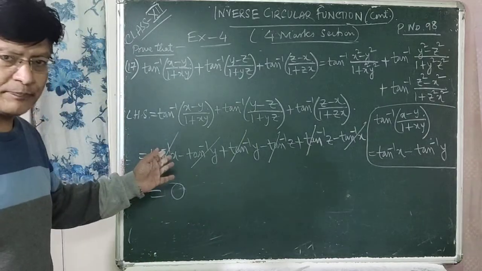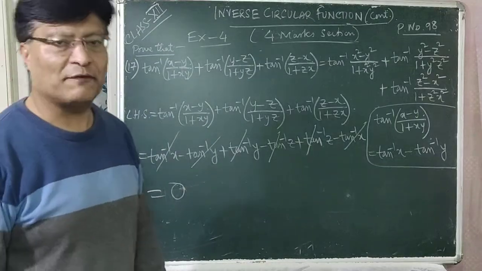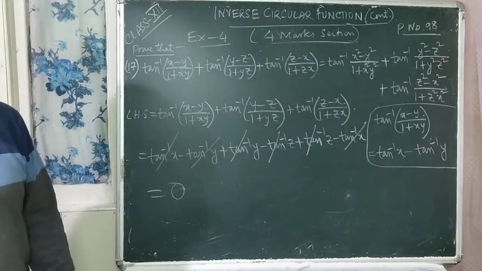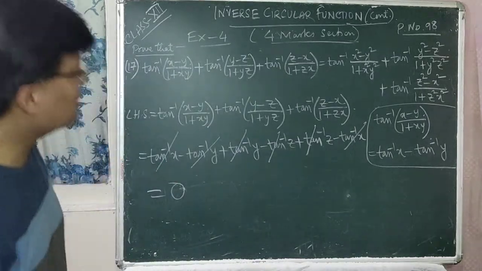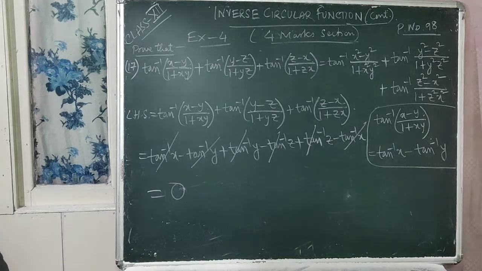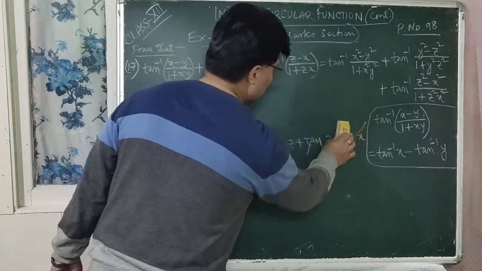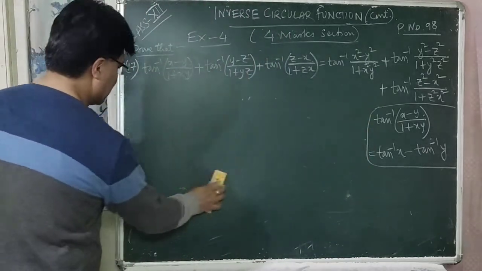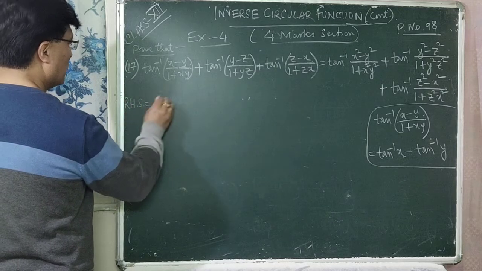So you have understood? Similarly, you have to get the value of the right hand side. So the right hand side should also be 0, right? So let us find out the value for the right hand side. You can copy it. Okay. So now let us write down this right hand side. What is RHS here?